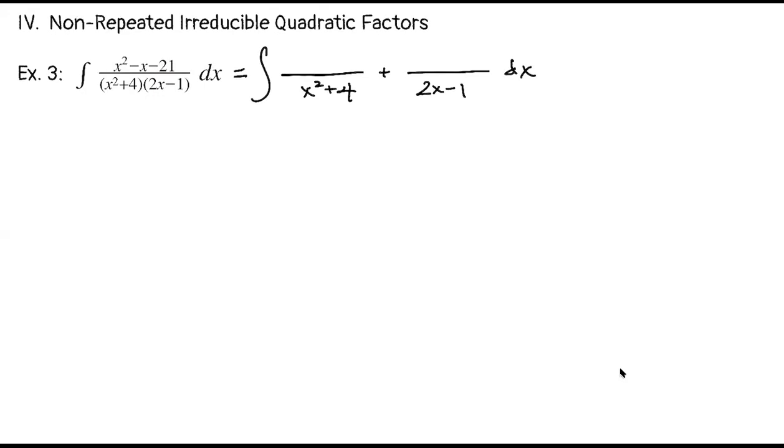And for the irreducible quadratic factor, if I just put a constant, then I'm not going to get the right answer. Okay, so I don't want a constant there. I think about the quadratic and I say that's a power of 2. So 1 less than that power is going to be the top, Ax plus B. Okay.